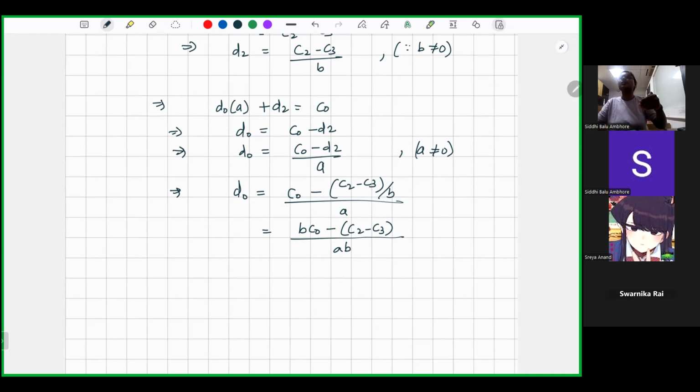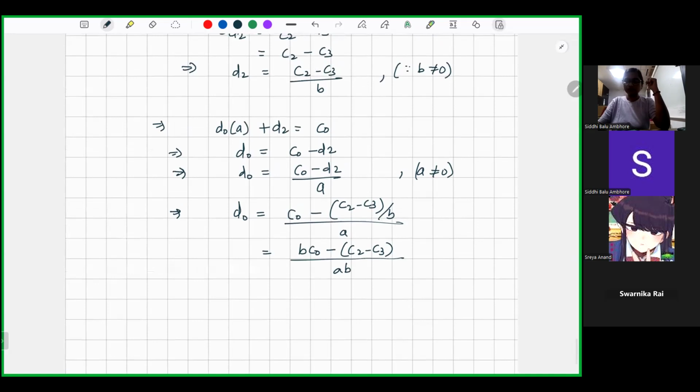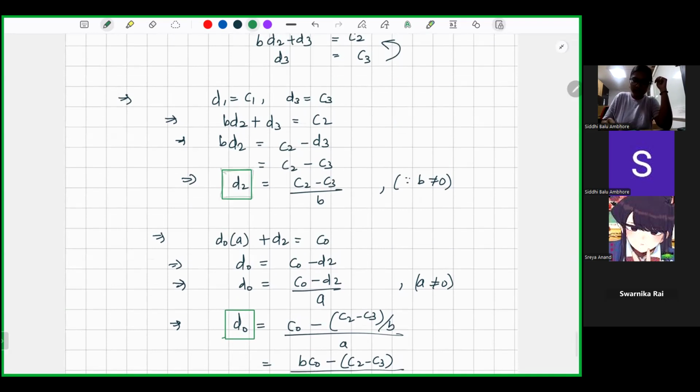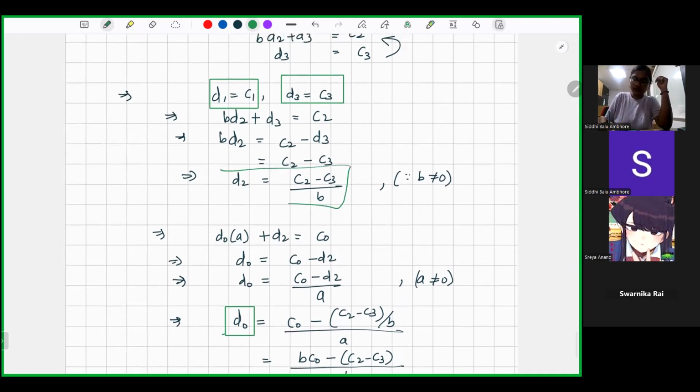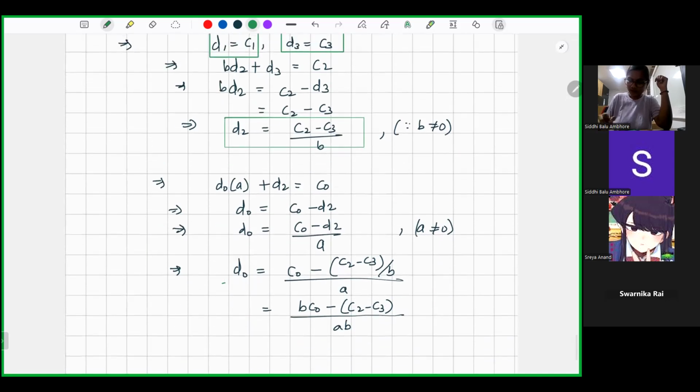So yes, we have d naught here, we have d2 here. We already have information about d1 and d3. Or let me just write the whole box. And here also.